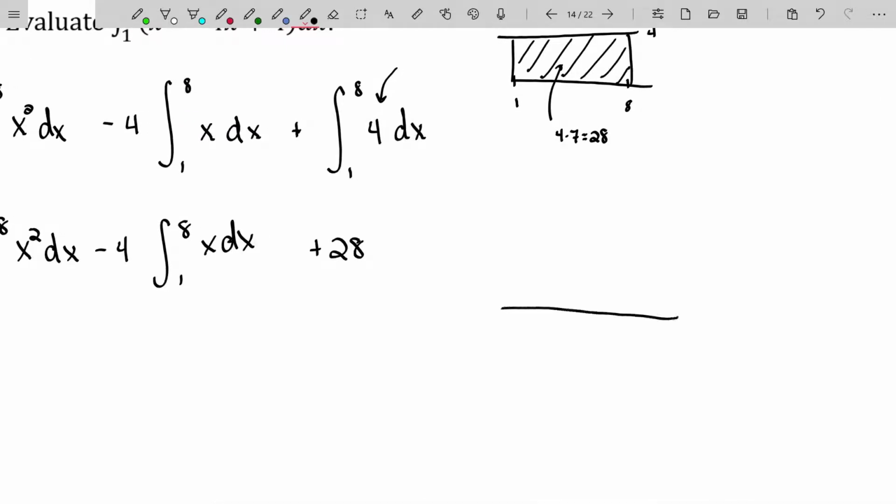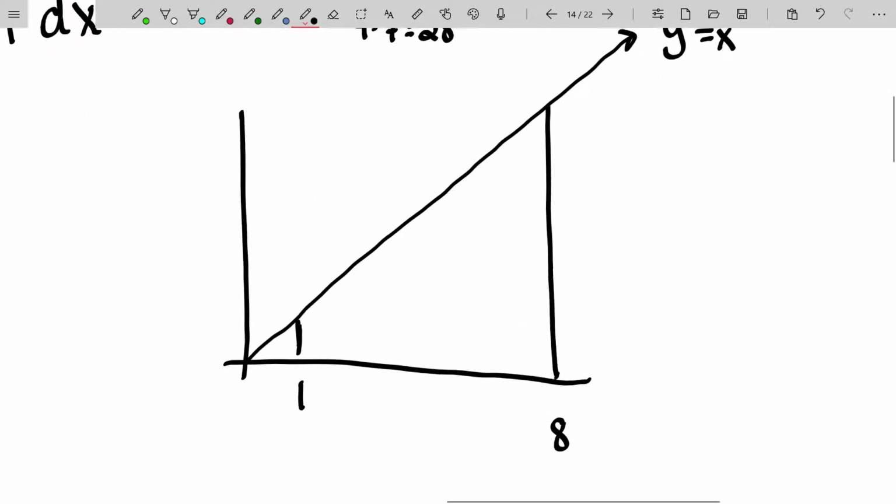Well, I hope the answer is yes. y equals x looks like this. And we want to find the area underneath y equals x from x equals 1 to x equals 8. Could you find the area of that trapezoid by hand? And the answer is yes, you totally can do that.